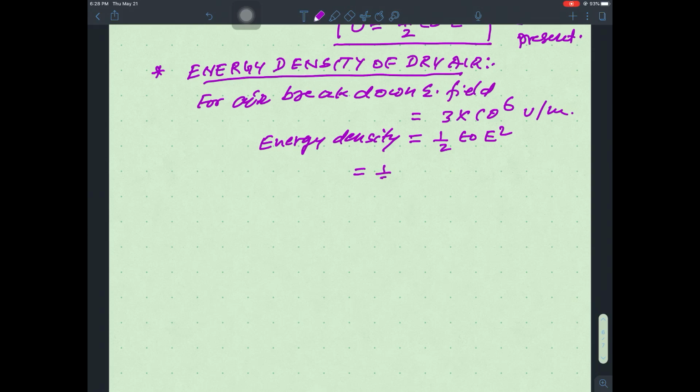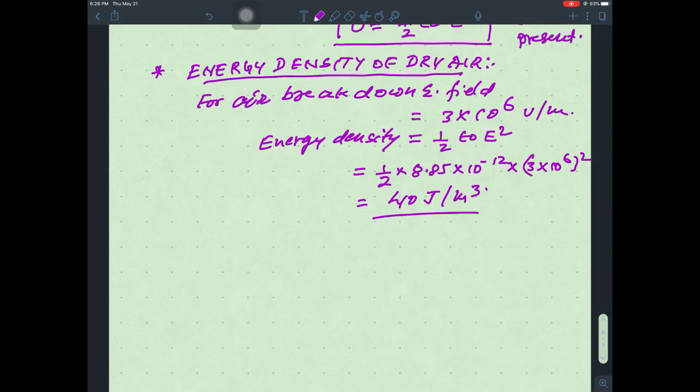What is the value of epsilon naught? 1 by 2 into 8.85 into 10 to the power minus 12 into 3 into 10 to the power 6 whole square, and this will give you 40 joule per meter cube.